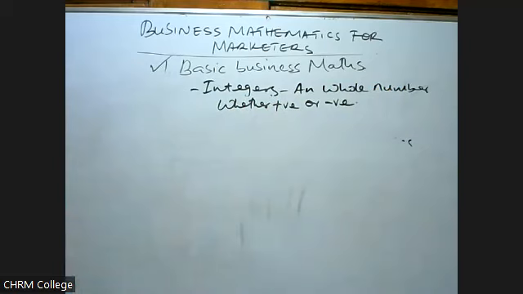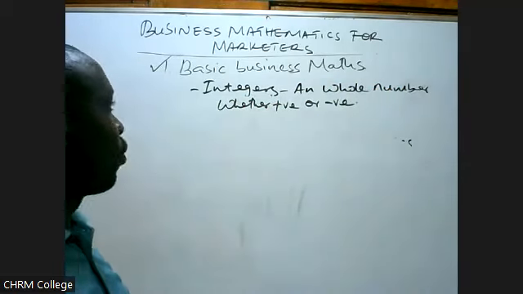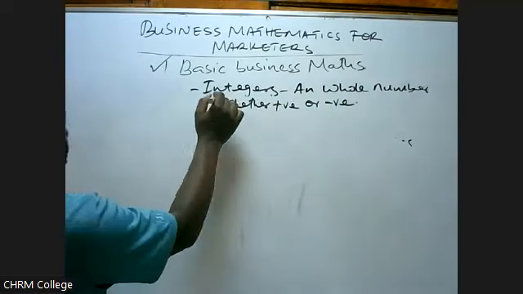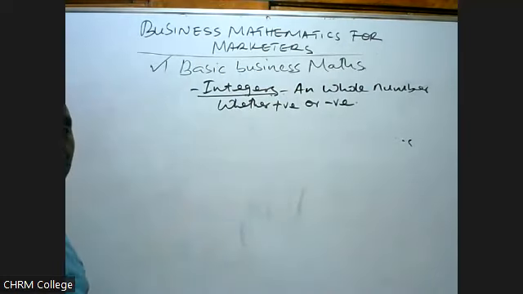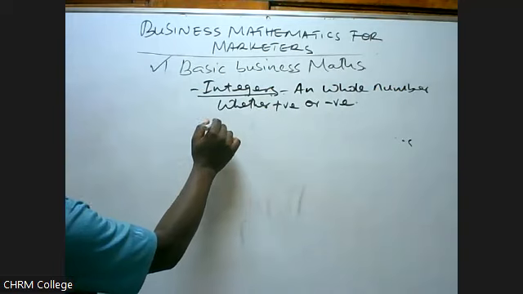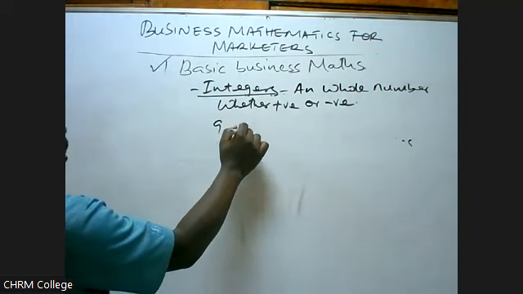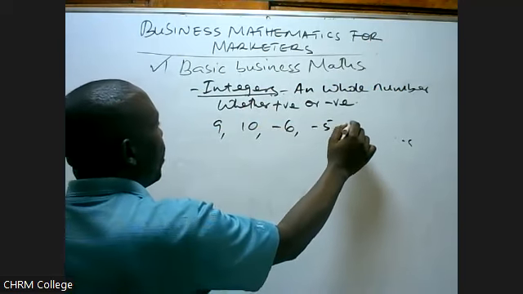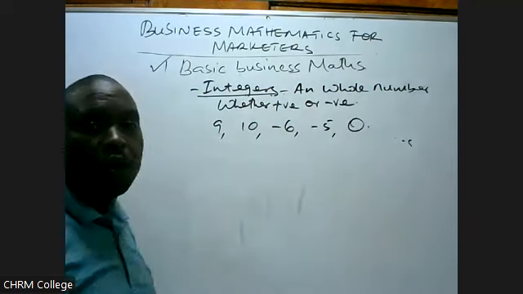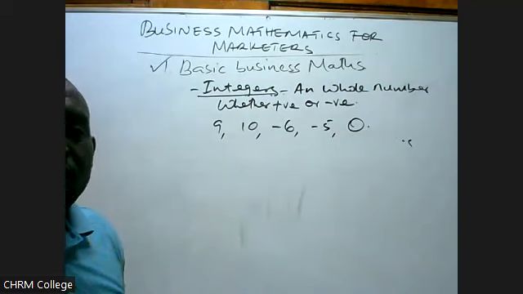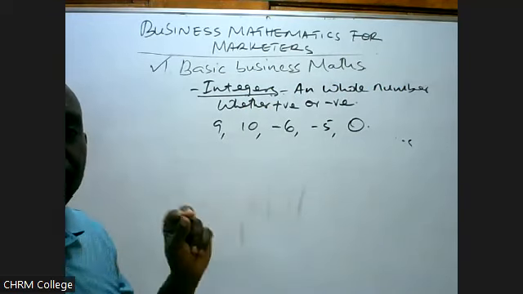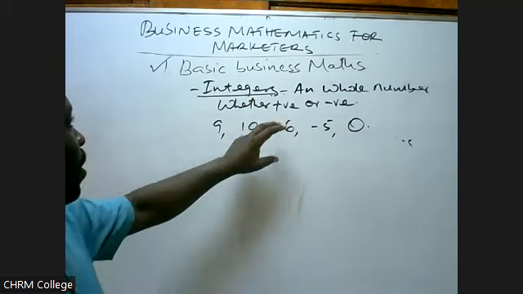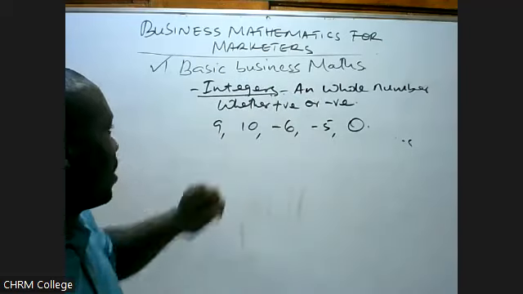Any whole number that does not contain any decimal or fraction, we normally refer to as an integer. So, e.g., a number like 9, 10, -6, -5, even 0, all those are known as integers. As long as we don't have any fraction or decimal points, they become your integers.